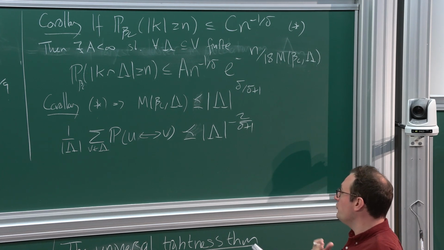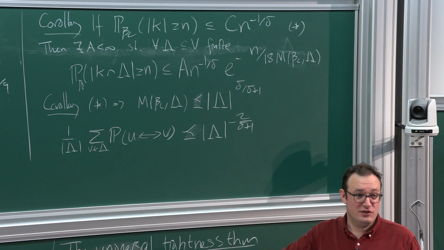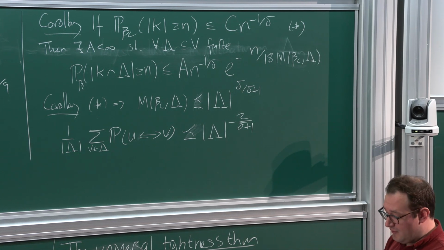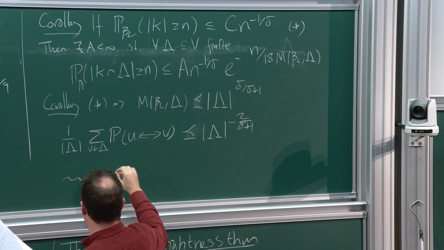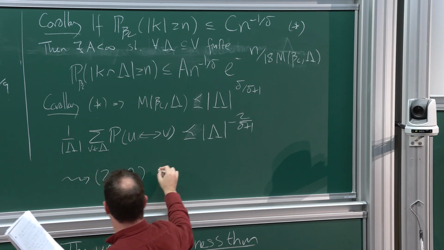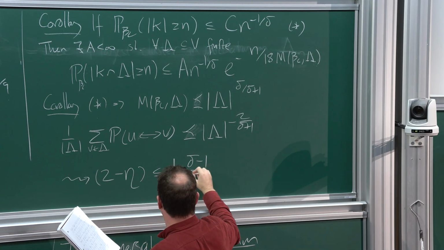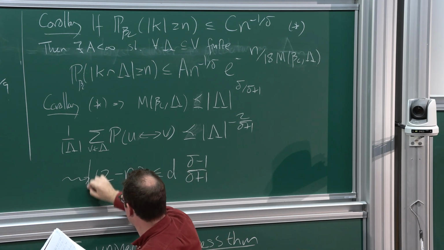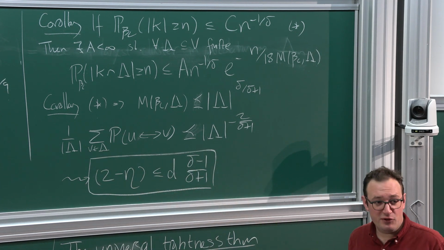And what you should think is, if you take lambda to be a box, so you're looking at the average of the two-point function over a box, then this gives you the relation between critical exponents: 2 minus eta is less than d times delta minus 1 over delta plus 1. This is something I mentioned a couple of times before.